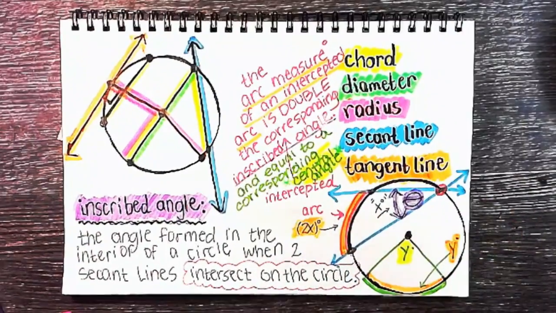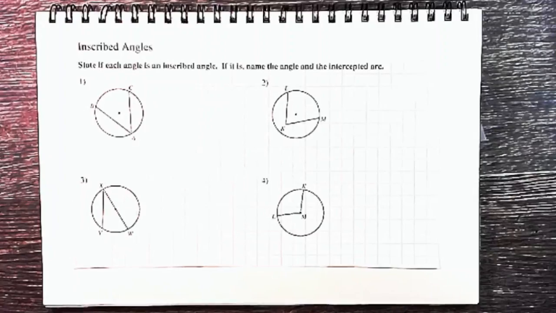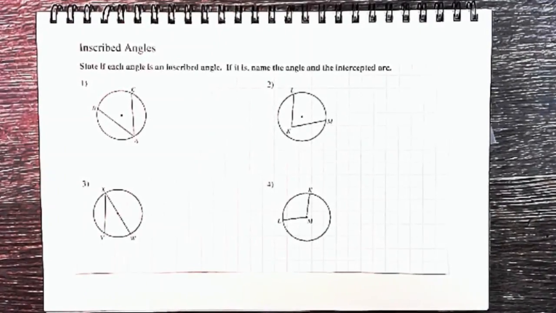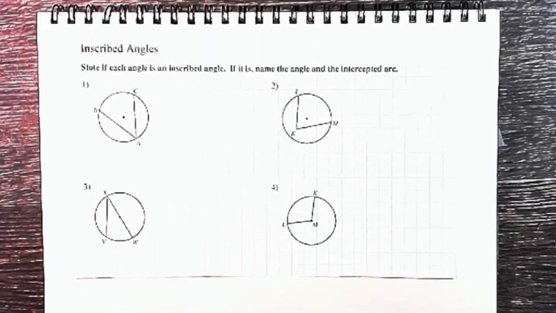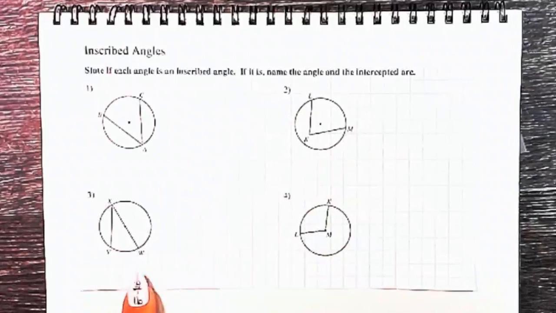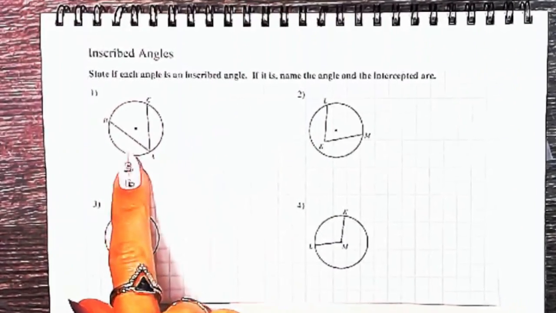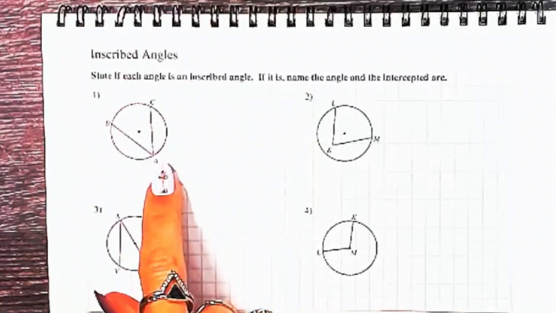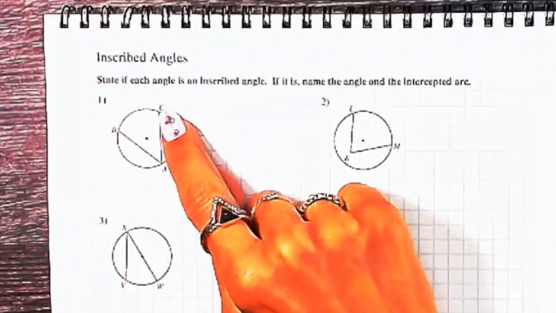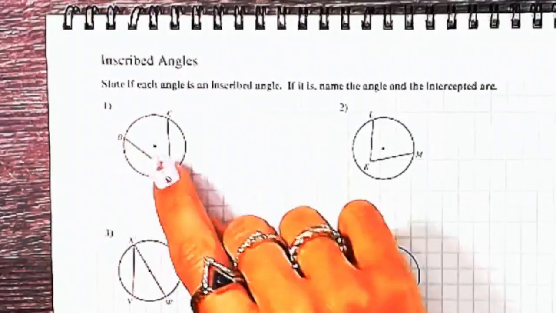State if each angle is an inscribed angle. If it is, name the angle and the intercepted arc. So I'm going to do 1 and 2, and you'll do 3 and 4 on your own. Number 1, here I have the vertex of an angle at point A. Here we have 2 segments, 2 chords.